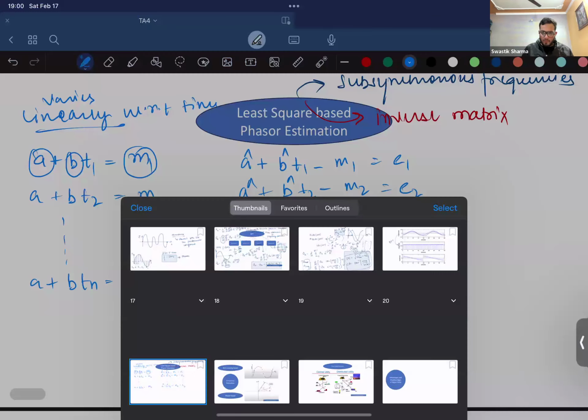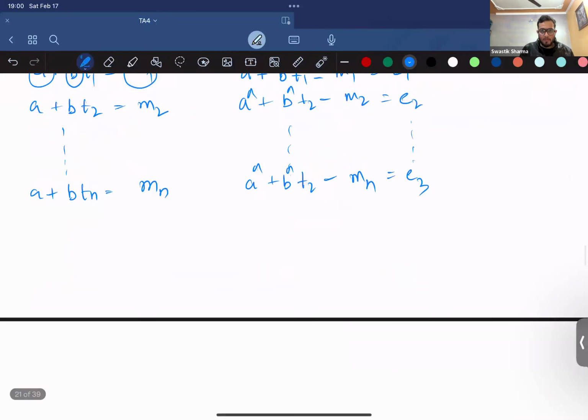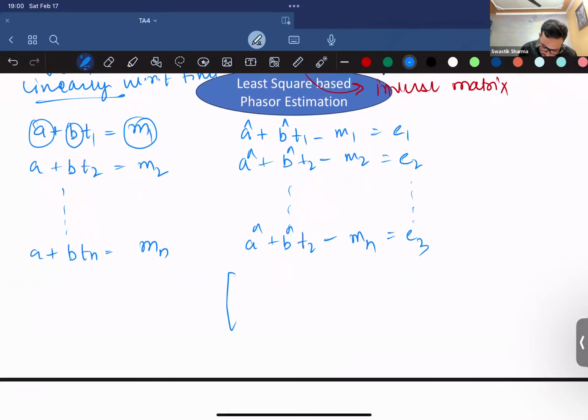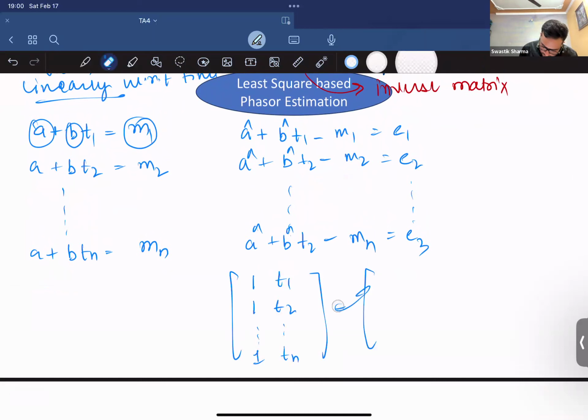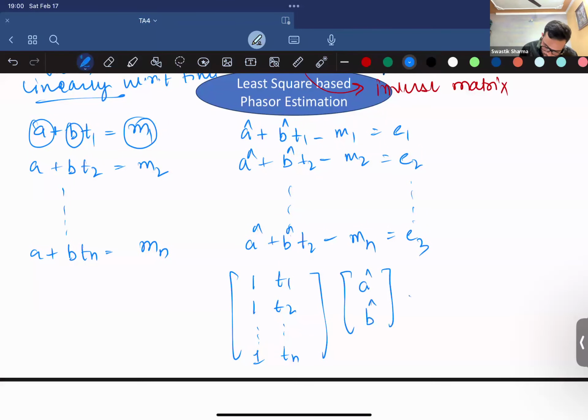So I can denote it using a matrix form. It would be something like this. It won't be a big matrix, it would be n cross two: one T1, one T2, till one Tn, multiplied with A cap and B cap, minus M1 to Mn, with your errors being E1 to En, right?